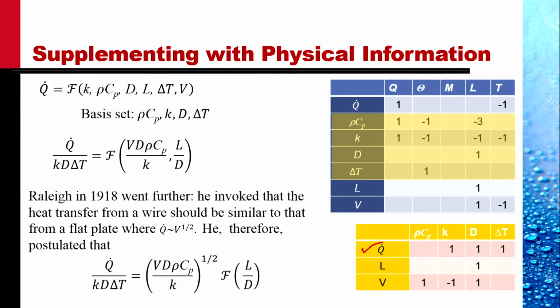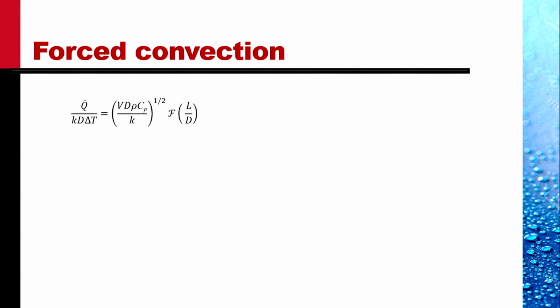He invoked that the heat transfer from the wire should be similar to that from a flat plate, where Q dot varies like under root velocity. He therefore postulated that wherever the velocity occurs, it should be to the power 1/2. So that he was able to write this, again based on additional physical information.